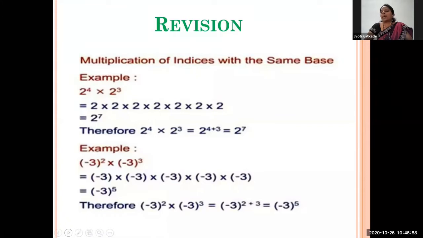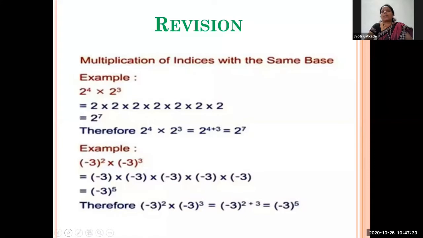See examples depending upon the multiplication rule. Multiplication of indices with the same base: we can take addition when the base is same. It is necessary that the base is always same. See example 2 raised to 4 into 2 raised to 3. For example, if there is 3 raised to 4 into 2 raised to 3, then we can't add the powers because the base is different.